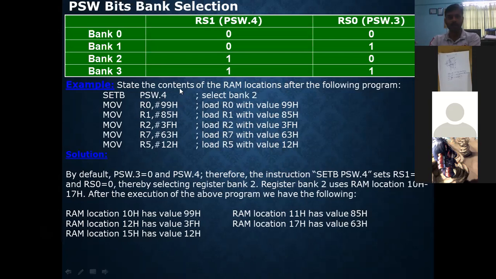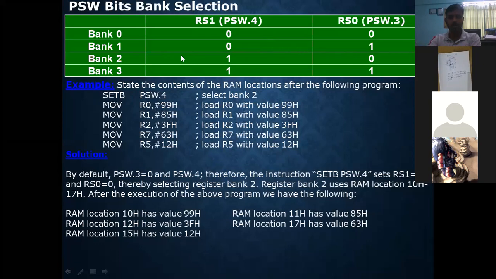Whenever PSW4 is 1 and we are not mentioning anything else, PSW3 will be 0 by default. If you are not mentioning anything, both PSW3 and PSW4 are 0. If you mention SETB PSW4, then PSW4 is 1 and PSW3 is 0.